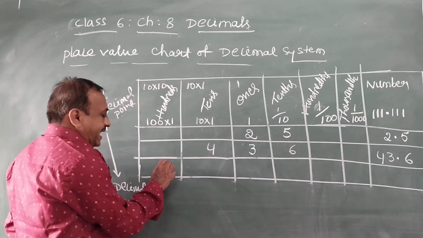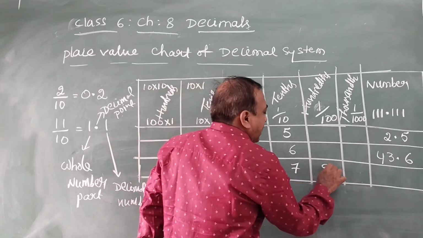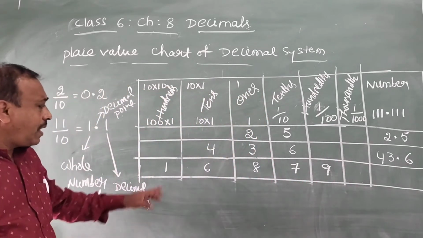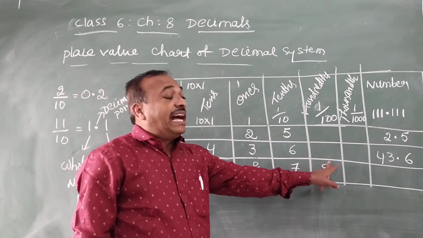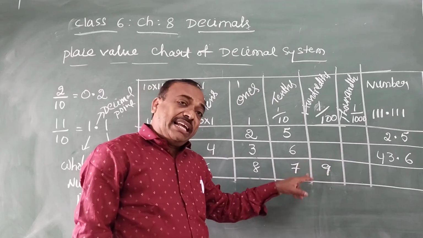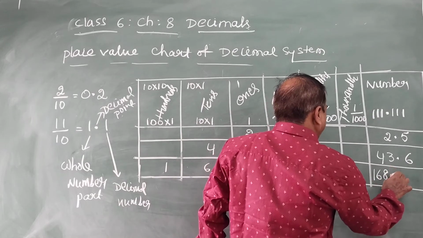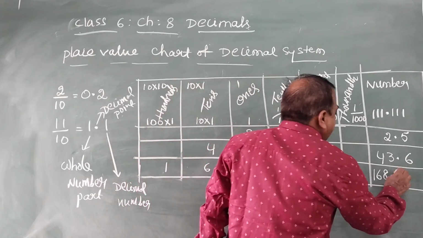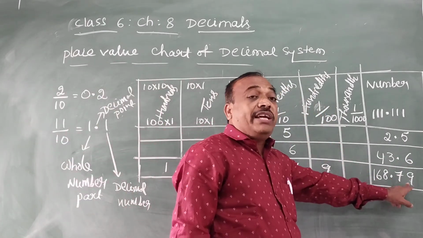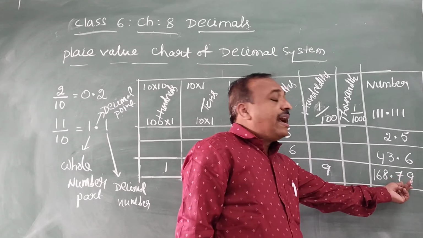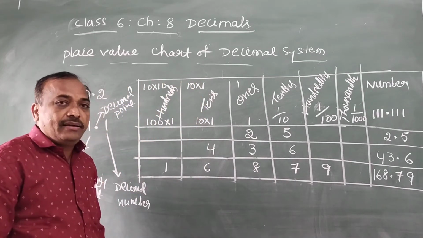Now if I write 1, 6, 8, 7, 9, observe it: 168, 7 tenths, 9 hundredths, so 168.79. We have to read it individually. It cannot be read as seventy-nine. Is it clear?